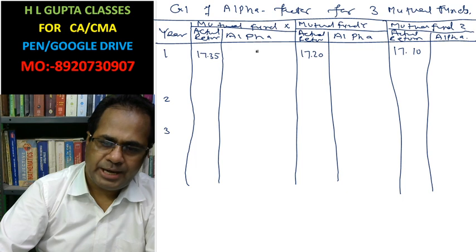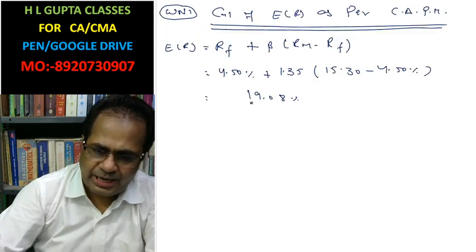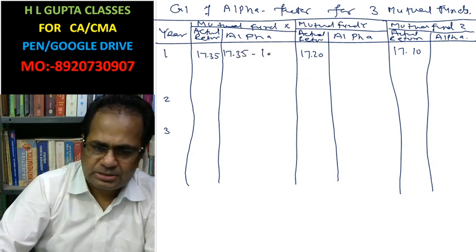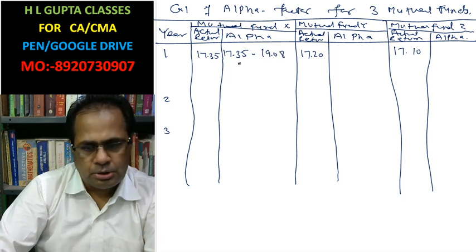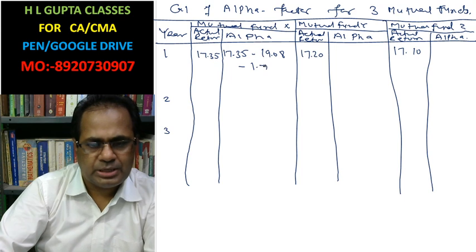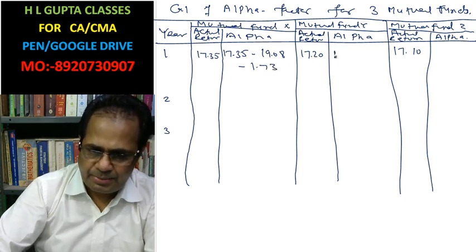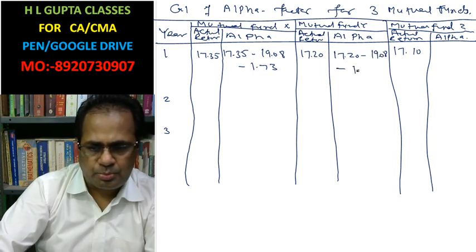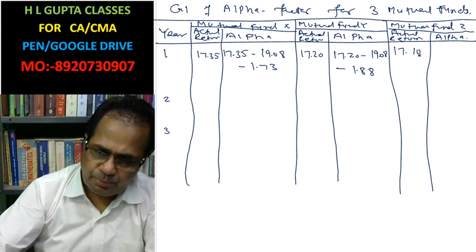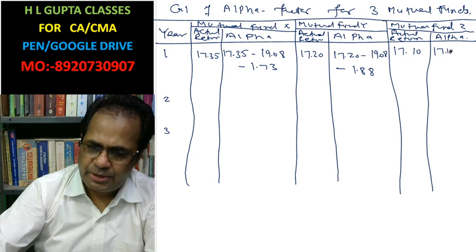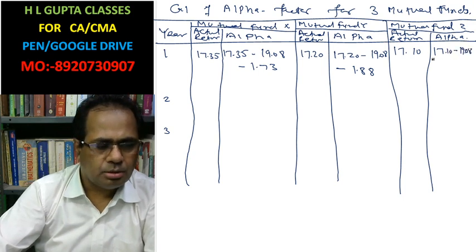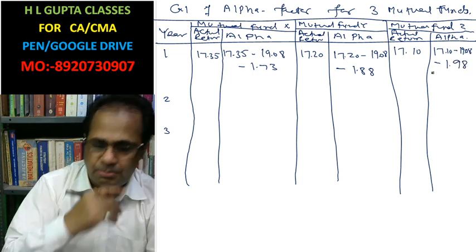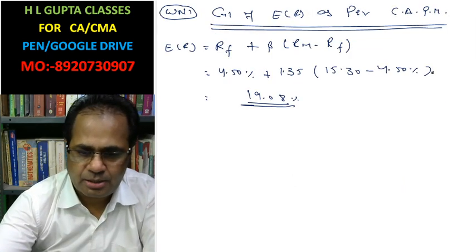Now expected return as per CAPM is already calculated, 19.08. 17.35 minus 19.08 is minus 1.73. 17.20 minus 19.08, this is minus 1.88. 17.10 minus 19.08, this is minus 1.98.